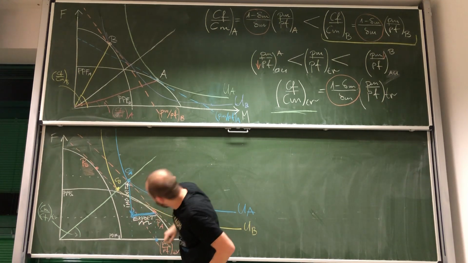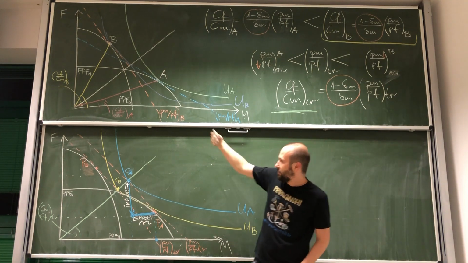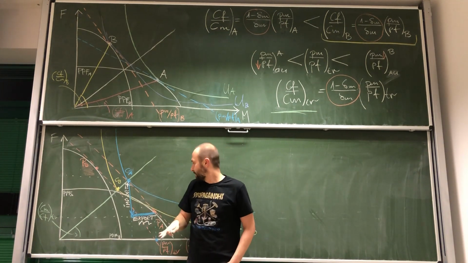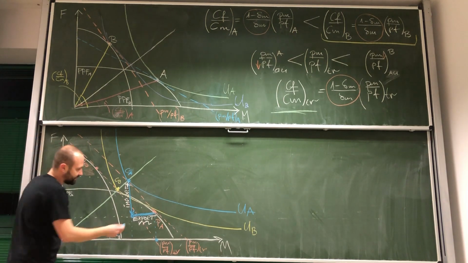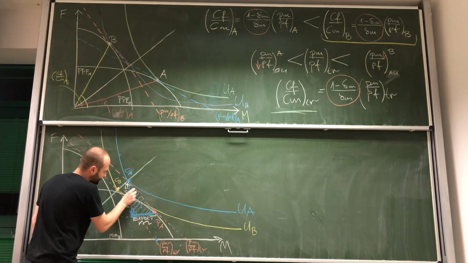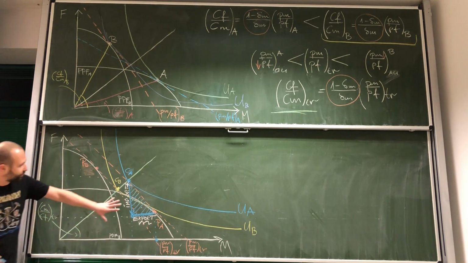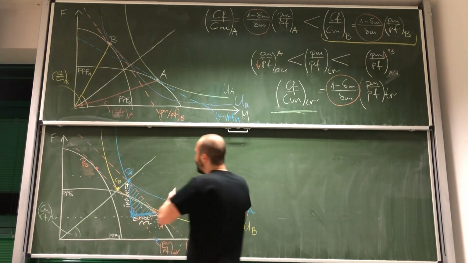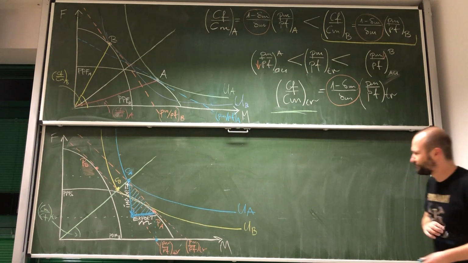So import of food. This is the food that is imported from Bolivia. And look, here we are getting this kind of a triangle, and we use these triangles actually to show the benefits of trade.